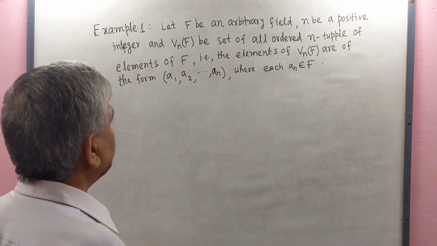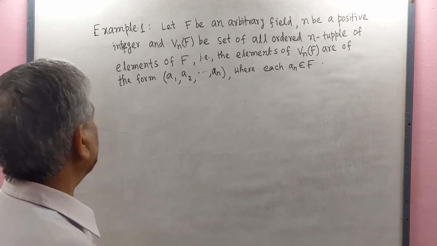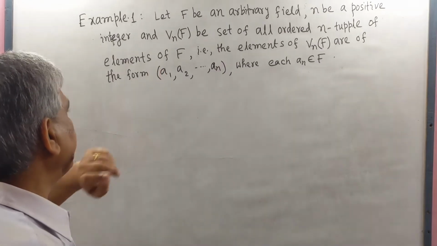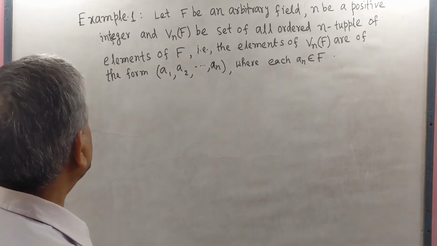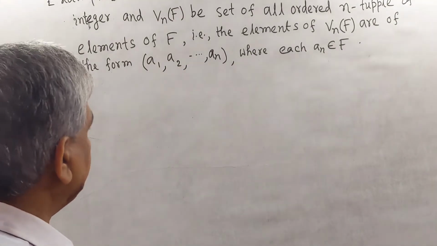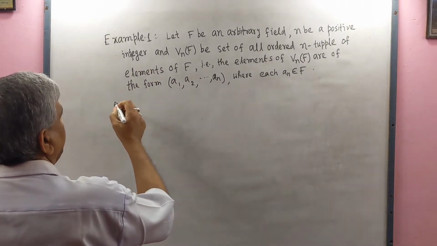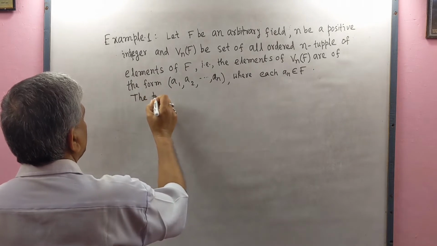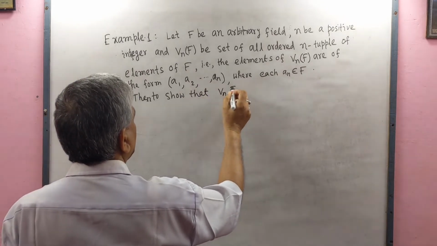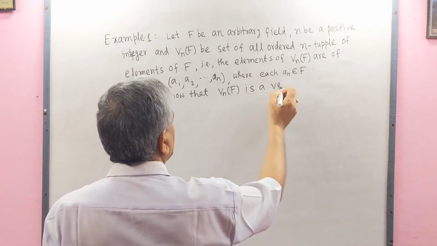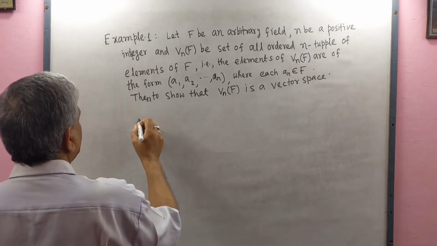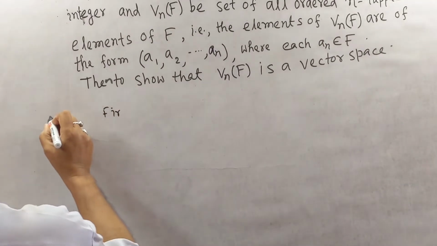Let F be an arbitrary field and n be a positive integer and V_n(F) be the set of all ordered n-tuples of elements of F. That is, the elements of V_n(F) are of the form ordered n-tuple (a1, a2, ..., an), where each ai belongs to F. Then, to show that V_n(F) is a vector space. Proof.